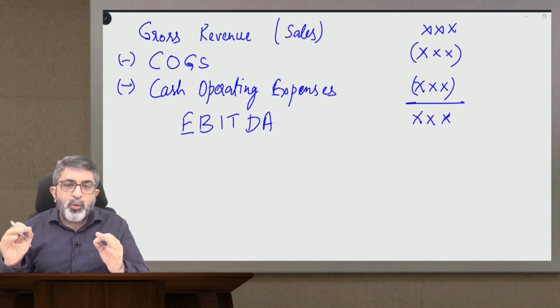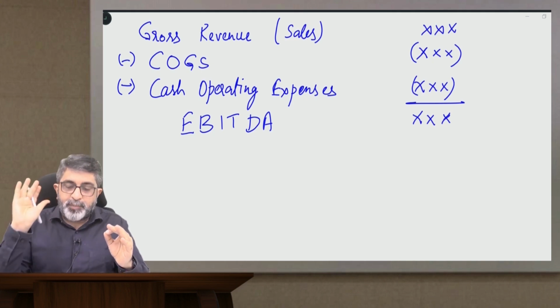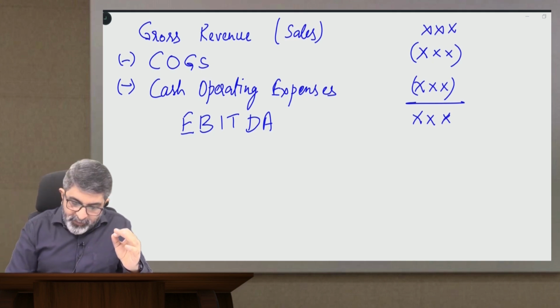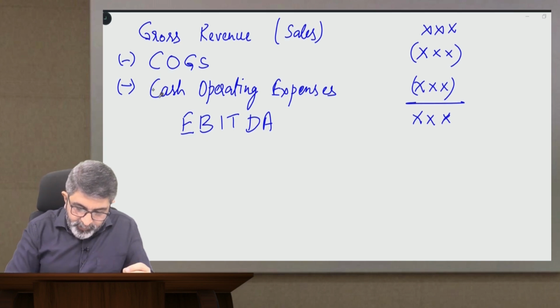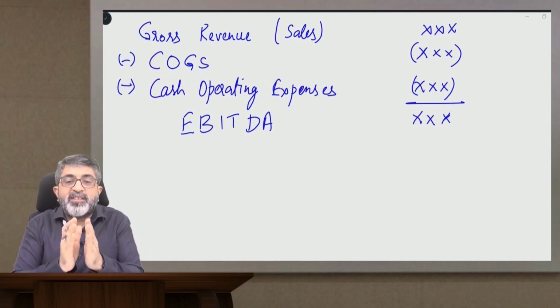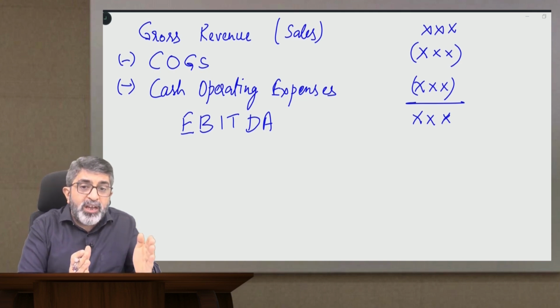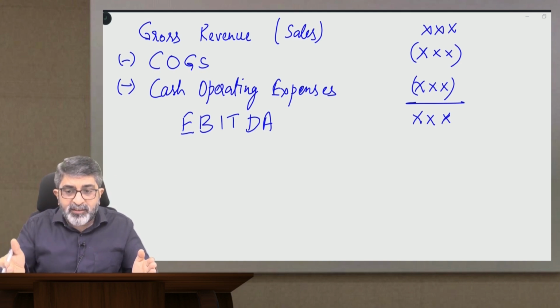So what we do is we first subtract only the cash operating expenses. I want you to be very, very clear with this particular line, that is cash operating expenses. First of all, we are focusing only on operating expenses, meaning we are not including components like interest and tax.